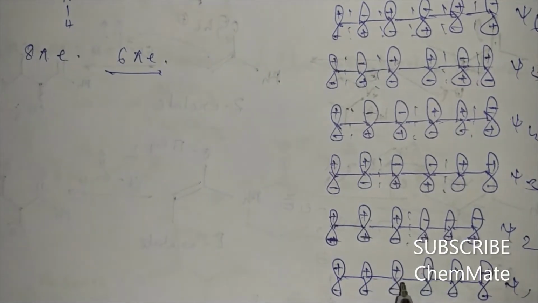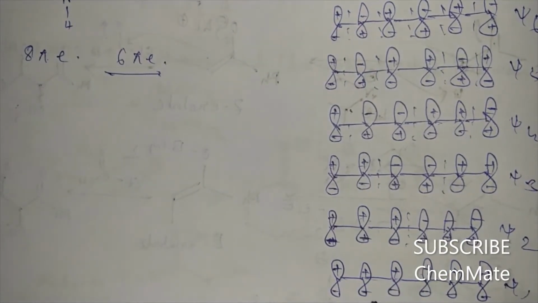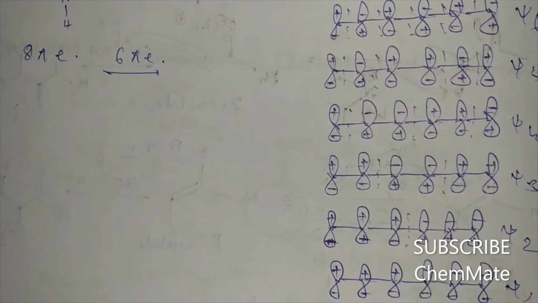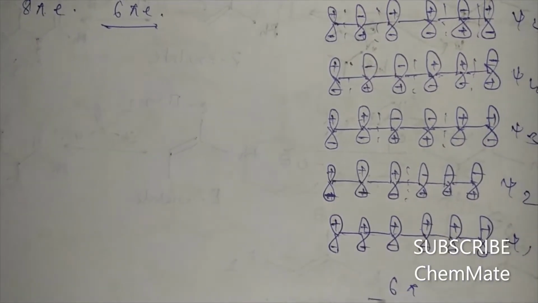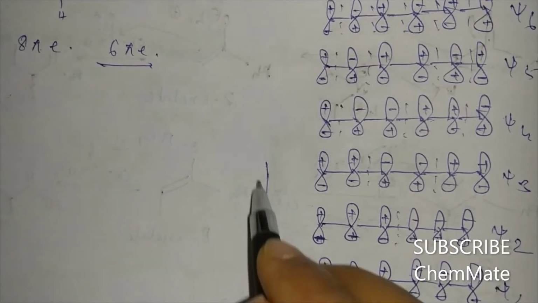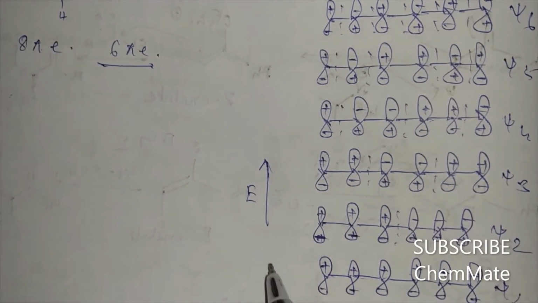So these are the molecular orbitals of the 6 pi electronic system. This is the energy order.